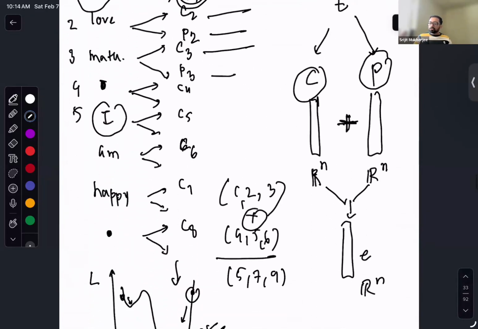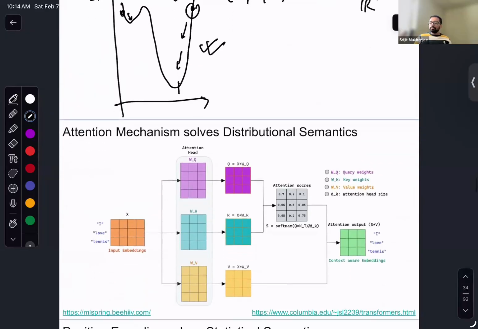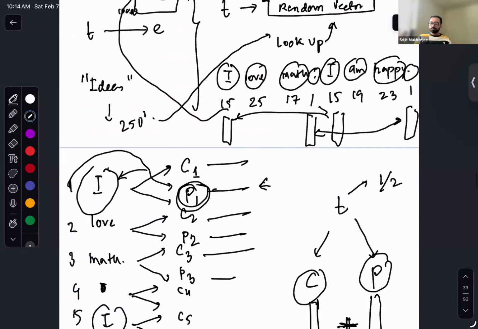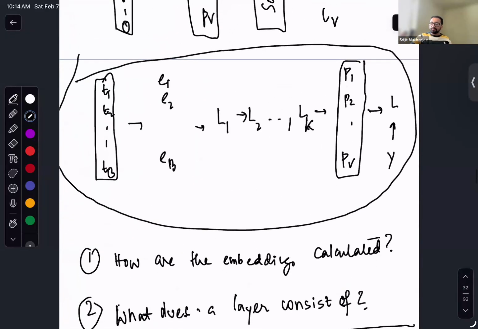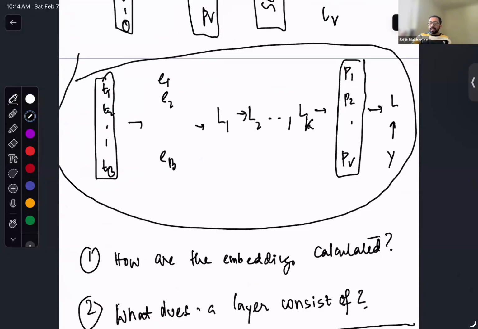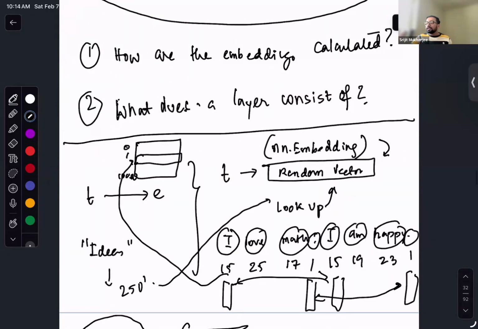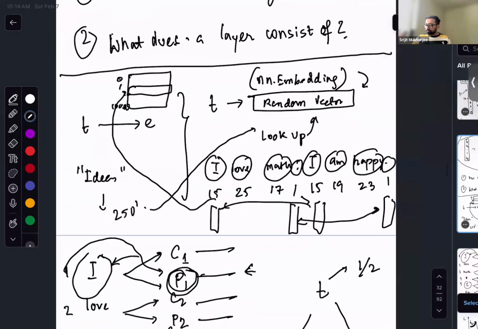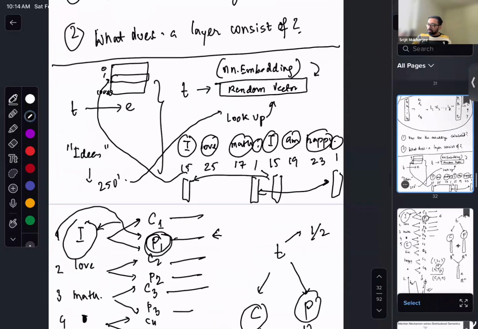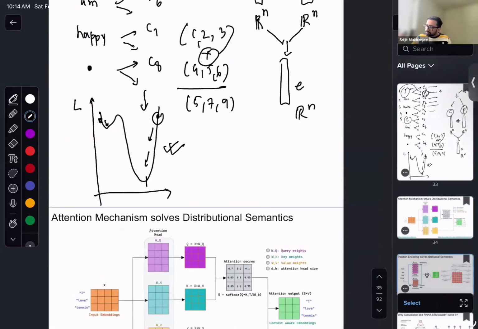Okay. So this is how the embeddings are created. One important thing now is what the layers consist of. So let me go here.